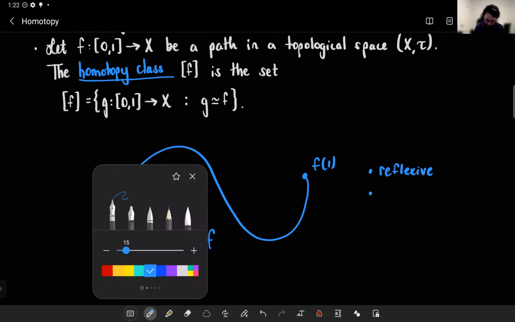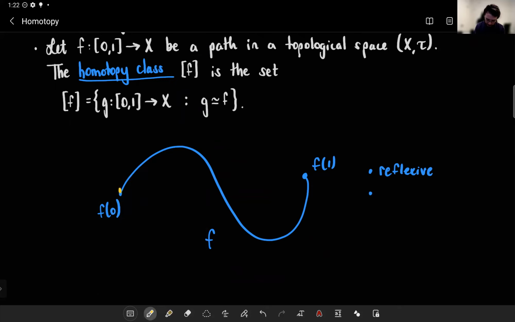It's symmetric in the sense that if I know I can deform F into G, then I could go in reverse.